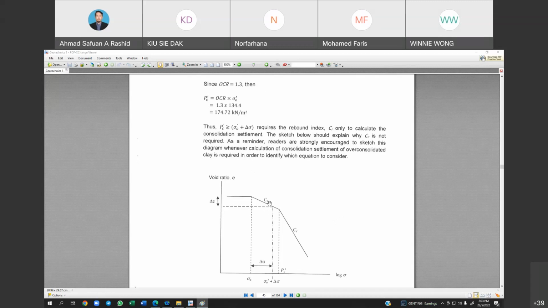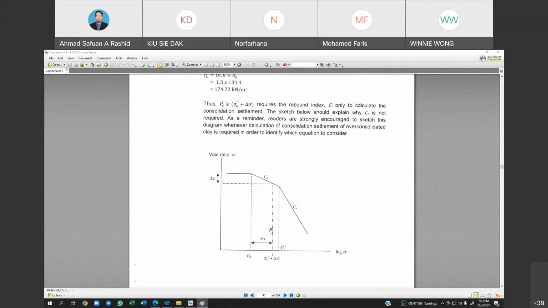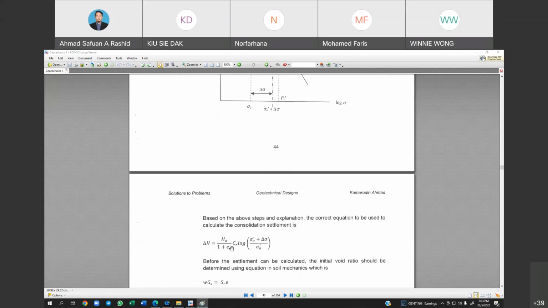For this case, PC is greater than sigma naught plus delta sigma, so no need to consider the CC, only CR. So the equation is H naught over 1 plus e naught, CR log of delta sigma plus sigma naught over sigma naught.